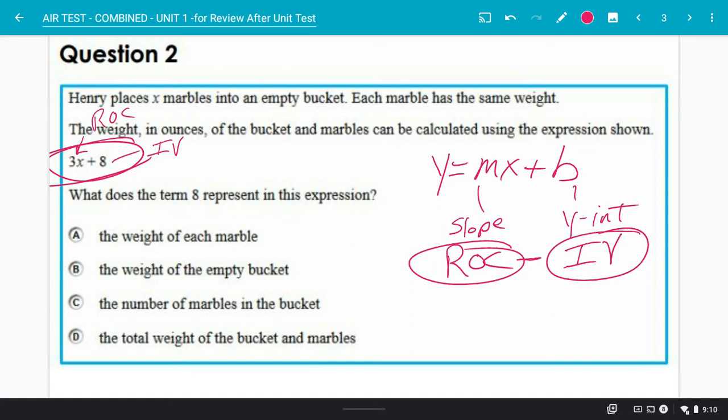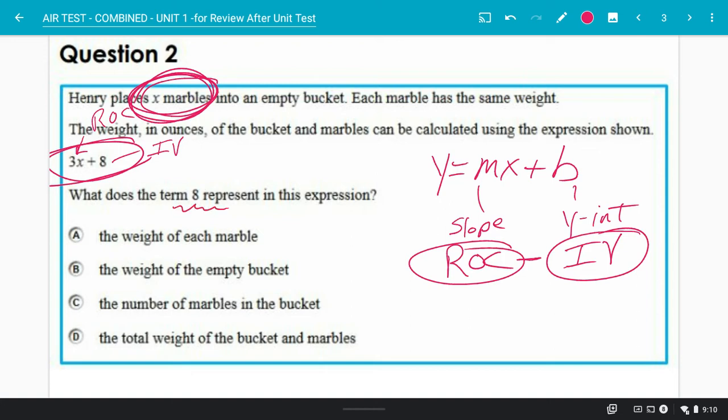It's going to rise 3 and run 1, but it's 3 times whatever that x is. Well, what's x? The marbles. I wonder how much the marbles weigh. 3 ounces. You know what I'm saying? We should be able to decipher that from the equation. Okay? All right, back to the question.